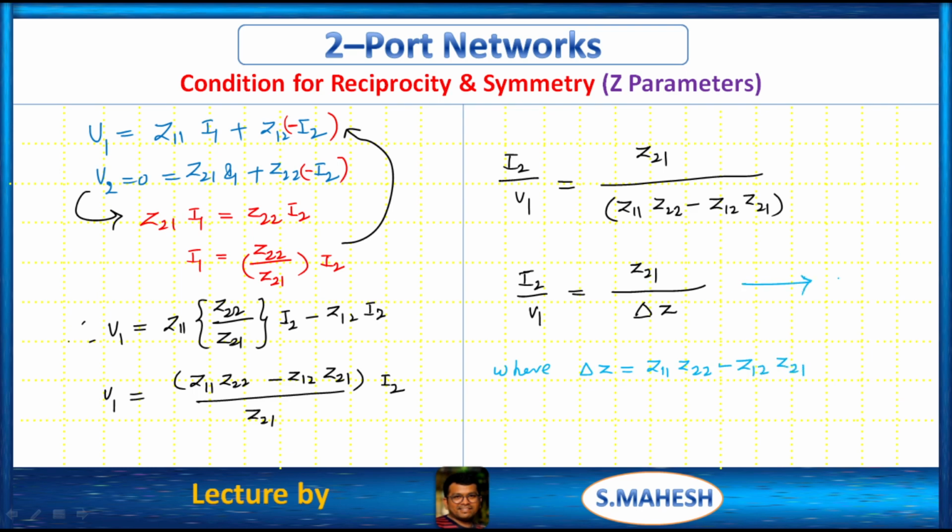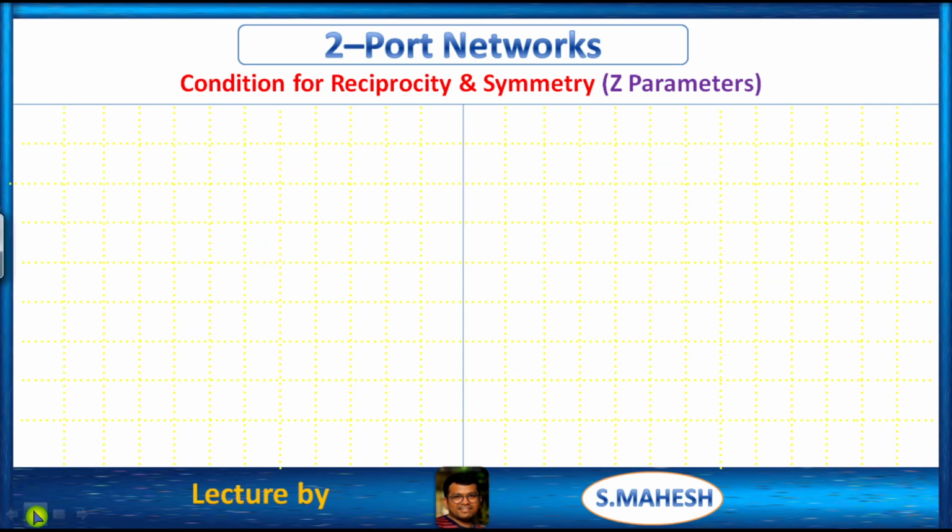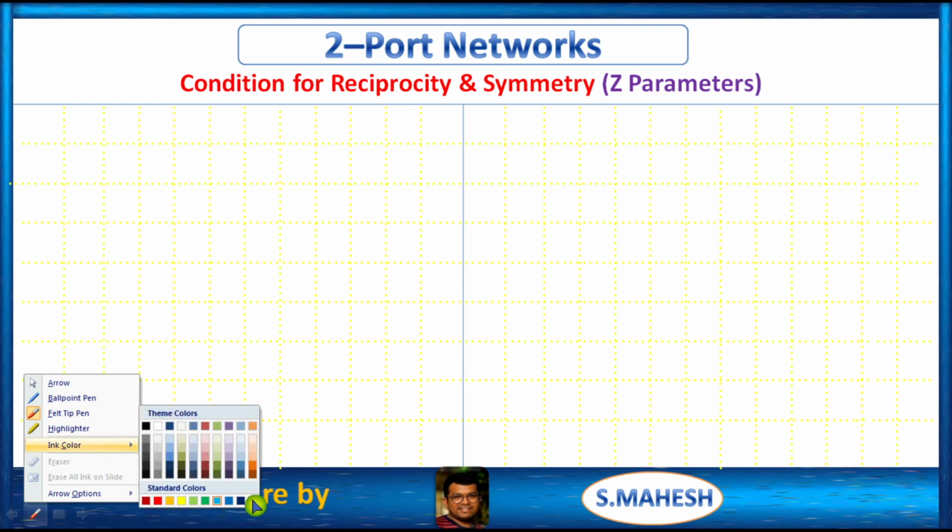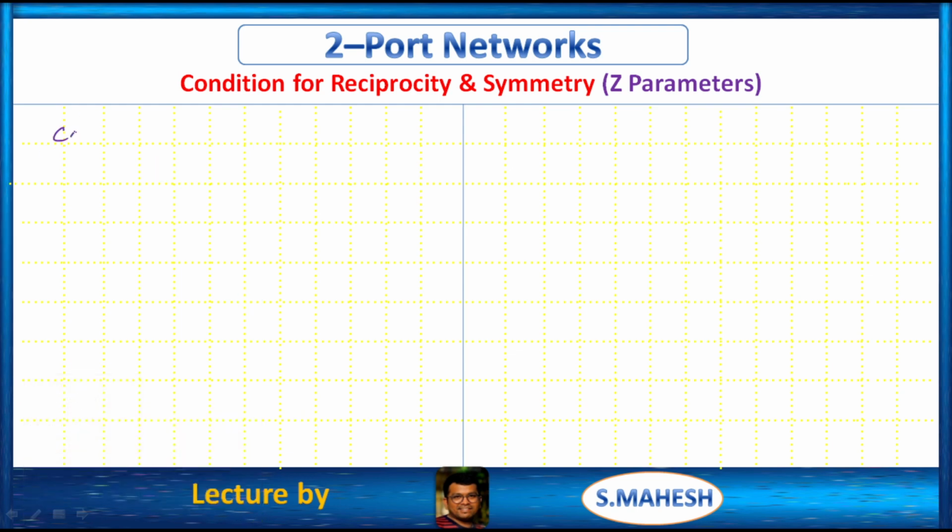So this is from case 1, the ratio of response to excitation is Z21 by delta Z. Now we can get second case. Case 2, now we have to short circuit input port.